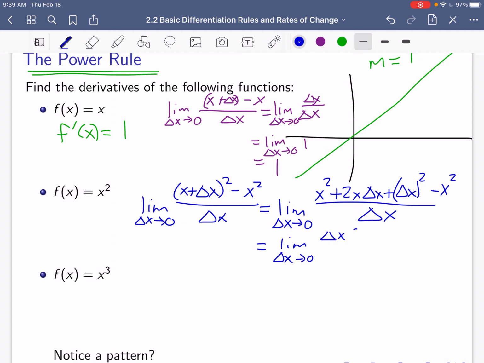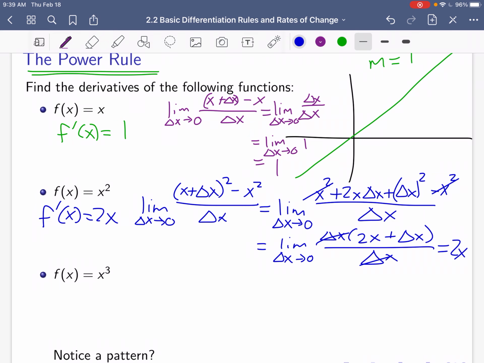And on top, our x squareds will cancel. We'll be able to factor out a delta x from everything else. So we have 2x plus delta x over delta x. Our delta x's cancel, and if we do direct substitution, we get just 2x. So our derivative there is 2x.